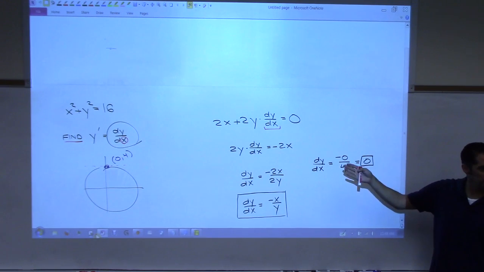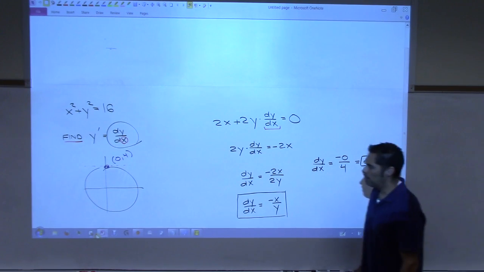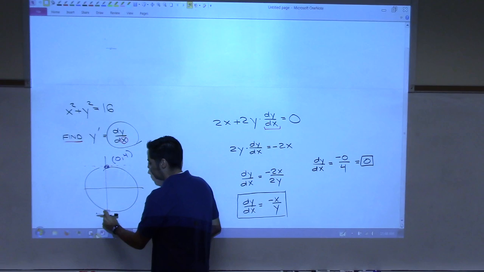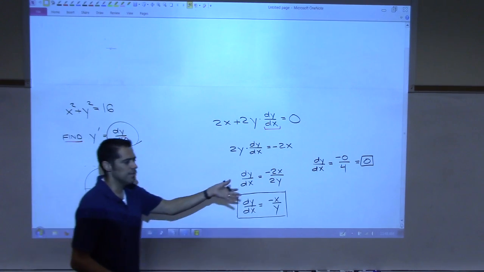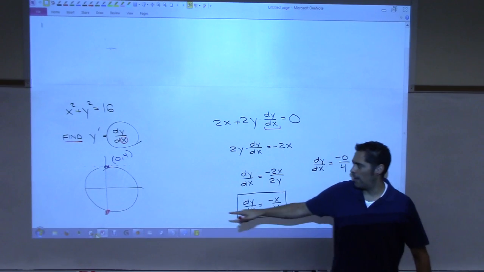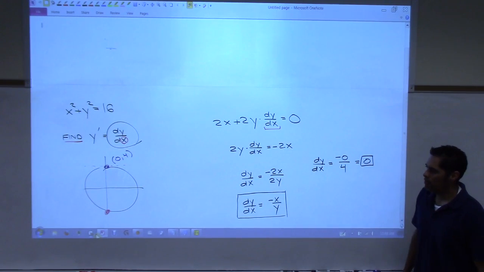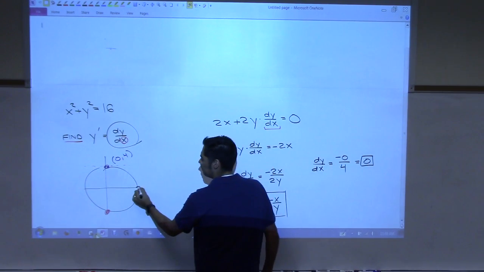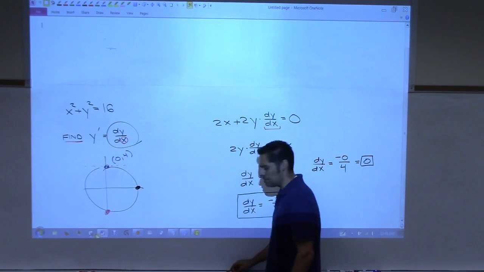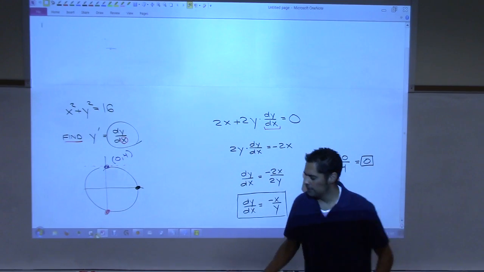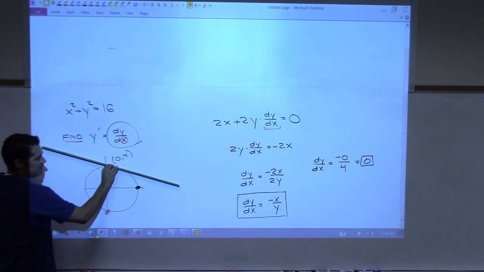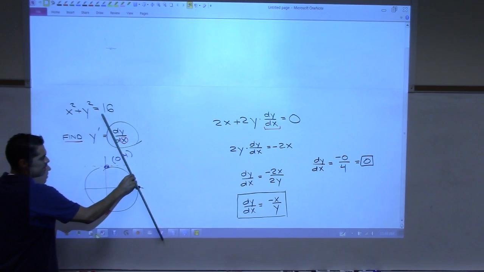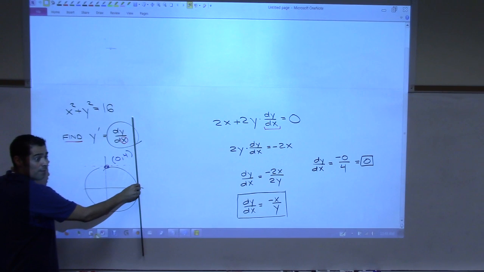That matches, right? What if I pick this point down here, (0, -4)? It's still going to be 0, right? And that matches. What about this point right here? What's the slope of the tangent line there? Careful, it's not 0. This is a negative slope, and then what happens? Whoa, it tries to become vertical.